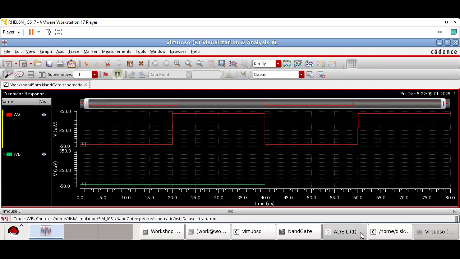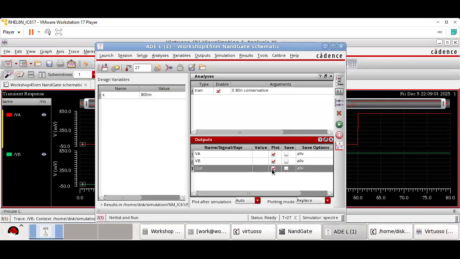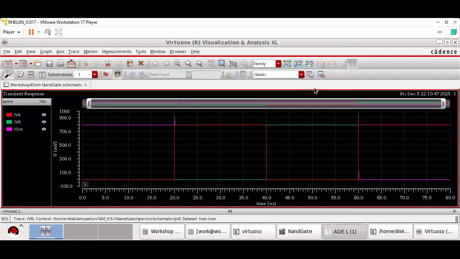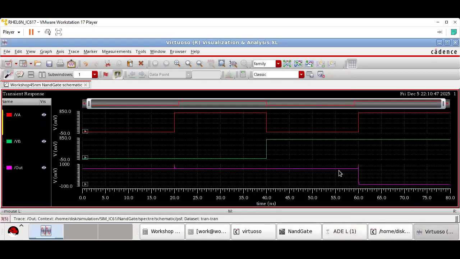Okay, so let us check the output now. You see the output. The output says that inputs are... Which one is VA? Which one is VB? I want to see.